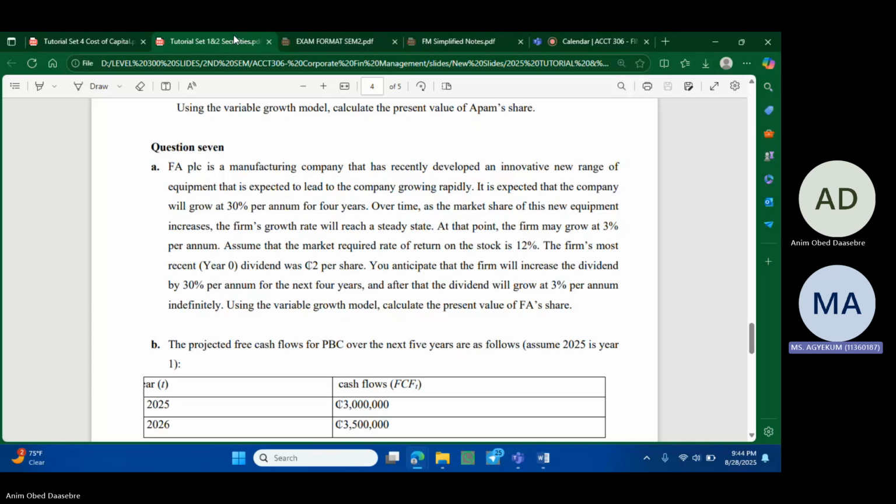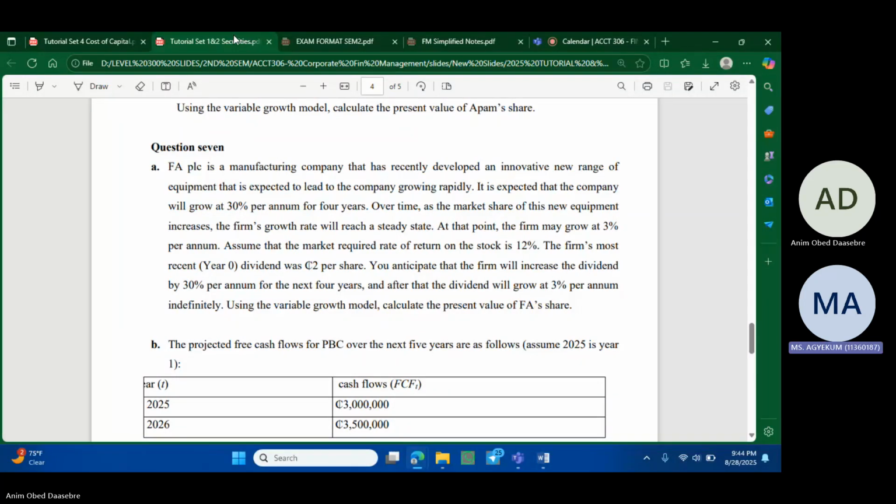FA PLC is a manufacturing company that has recently developed an innovative new range of equipment that is expected to lead to the company growing rapidly.